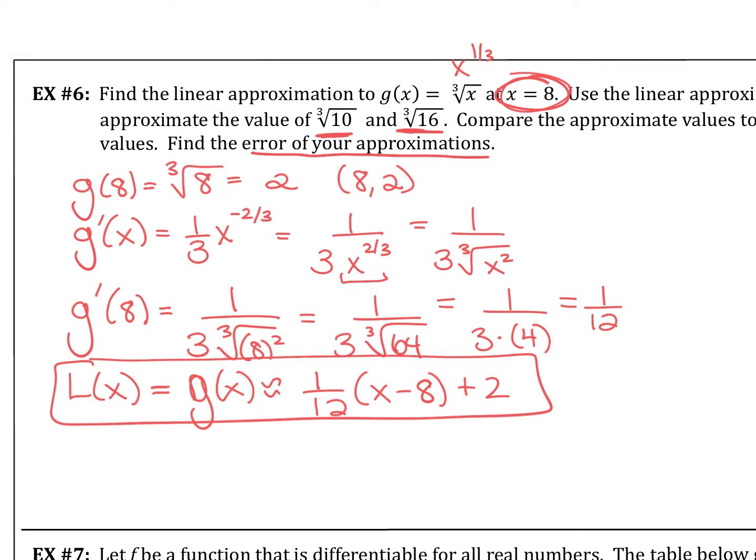Now, we use that equation to approximate the cube root of 10 and the cube root of 16. So first of all, I'm going to find the actual values of the cube root of 10 and the cube root of 16. So I'm going to go to decimals here.